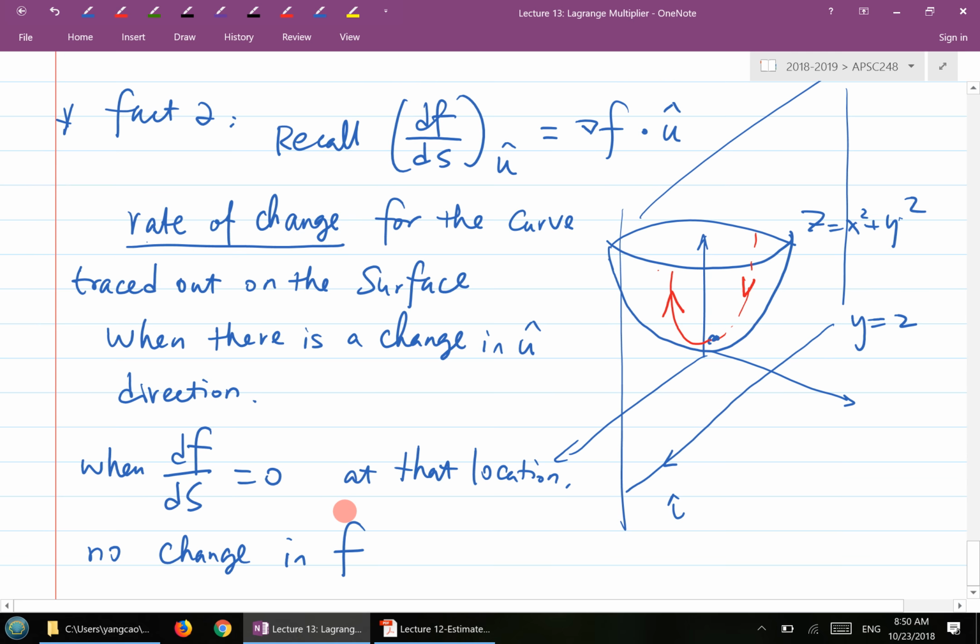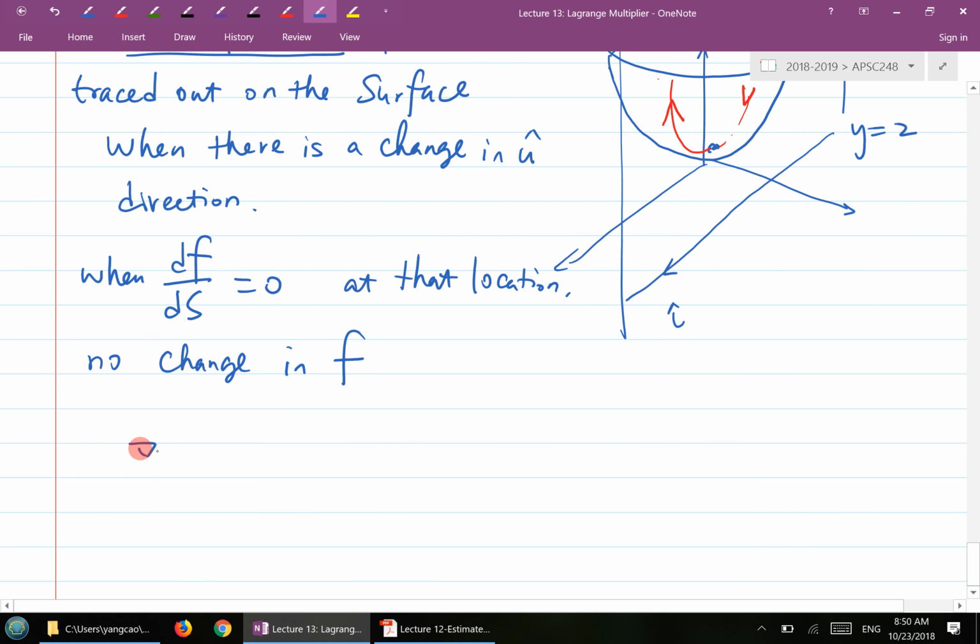Now getting back to the directional derivative formula here, if the left side equals 0, then del f dot u hat equals 0. So that gives you del f dot u hat equal to 0, but not always 0. So this equals 0 at that critical location.